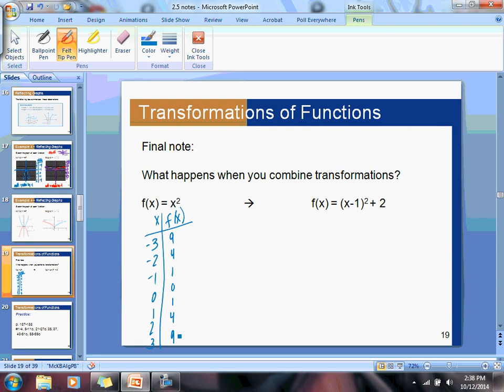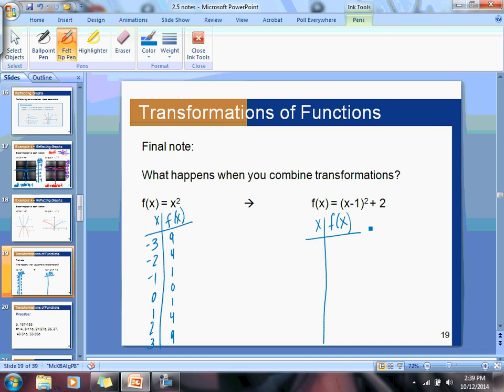Okay? Now, here's what you really want to be able to do. This is the skill that you should be able to do. You should be able to take this original table of values and look at this function and construct your new table of values for this new function without using your calculator.